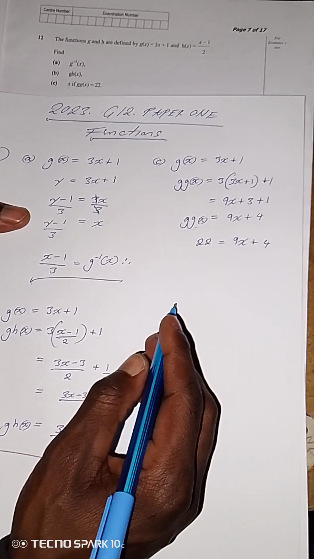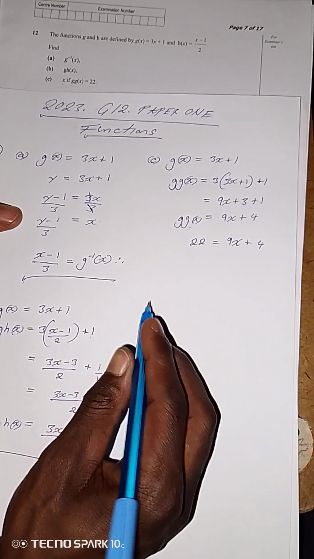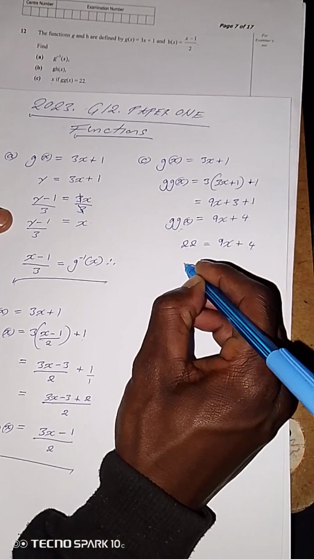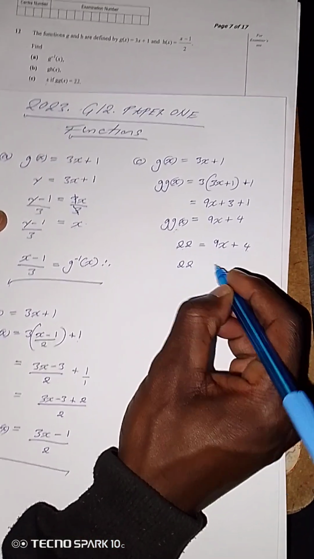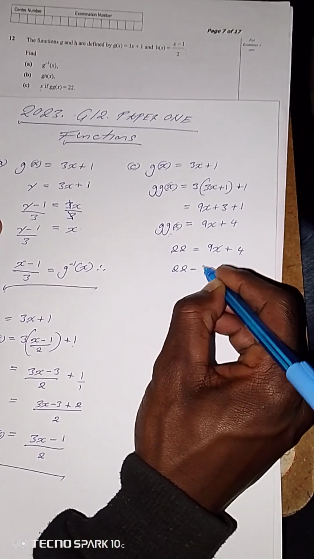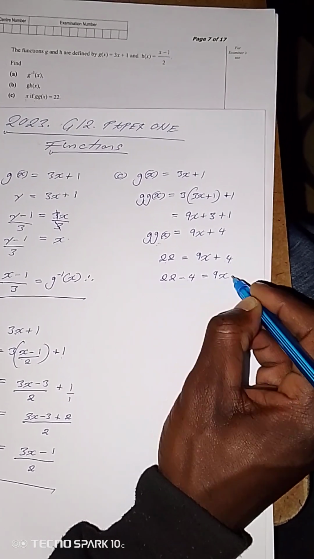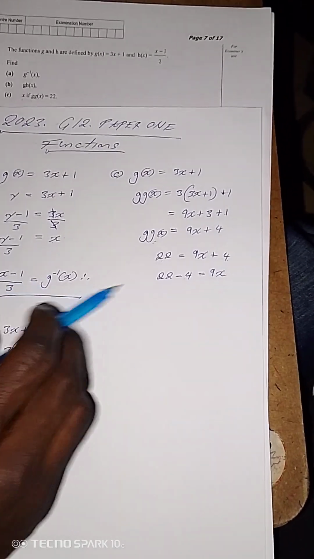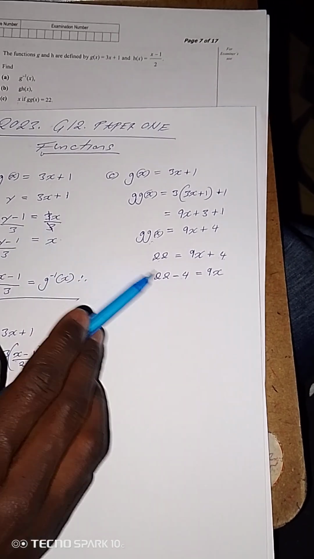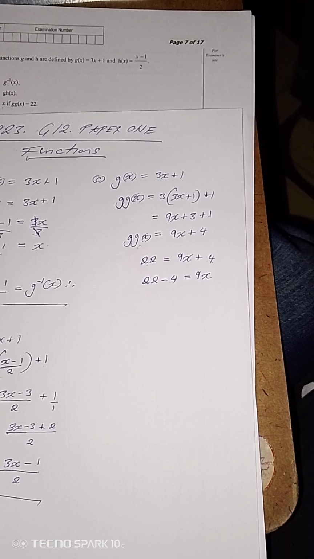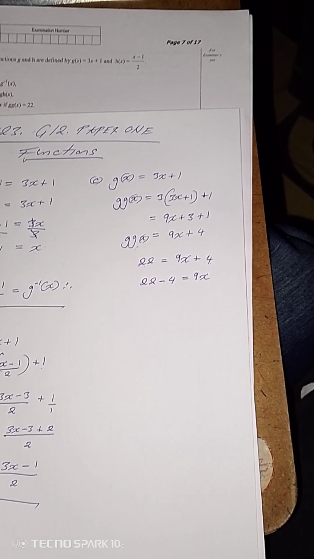Now it's just a matter of collecting like terms. So this 4 will come this side, so it's going to be 22 minus 4 equals 9x. So 22 minus 4, what are we getting? We are getting 18.